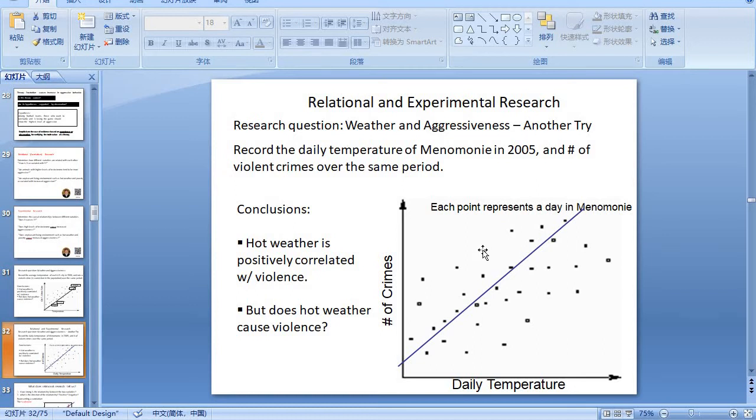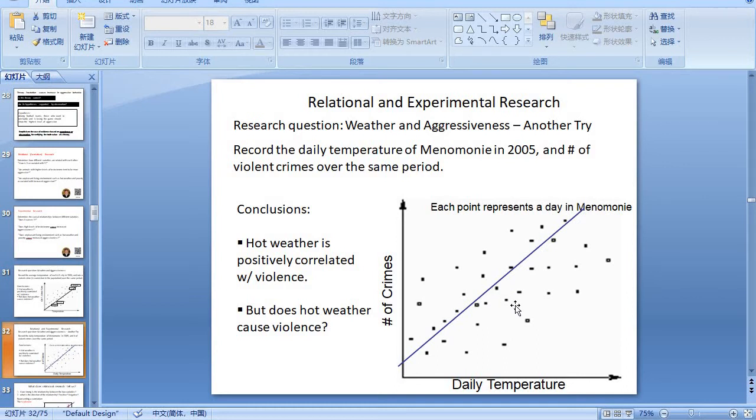In the space, each dot represents a day in the year. For each day you record two values. One value is the daily temperature of that day, and the second value is how many crimes were recorded on that day. And you can see a trend.